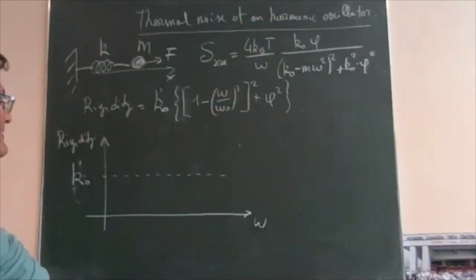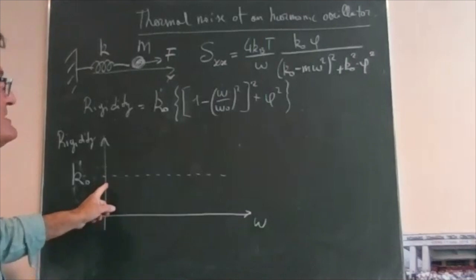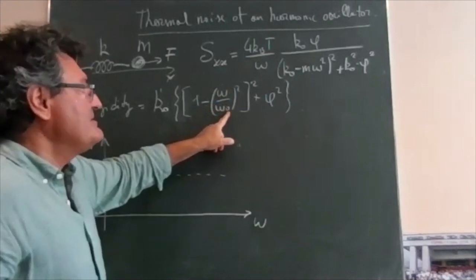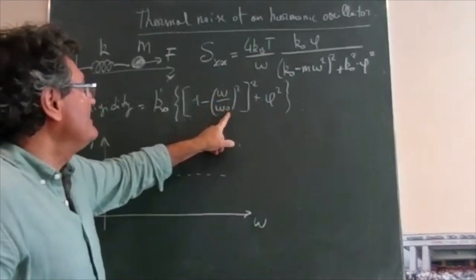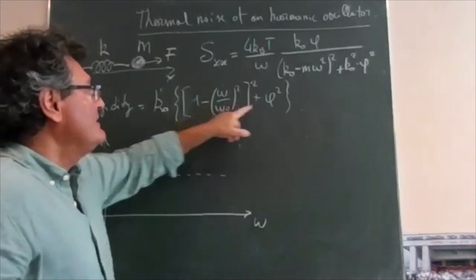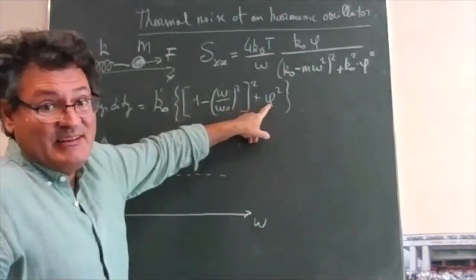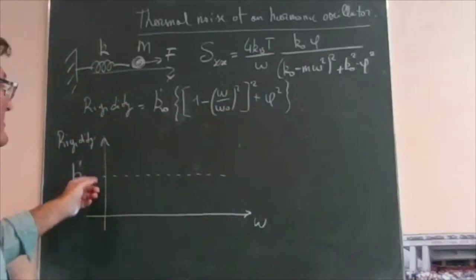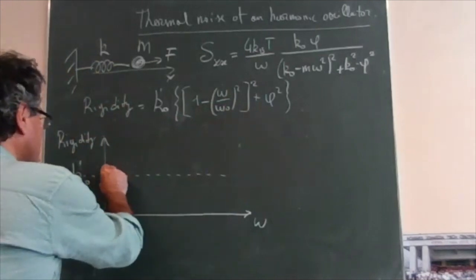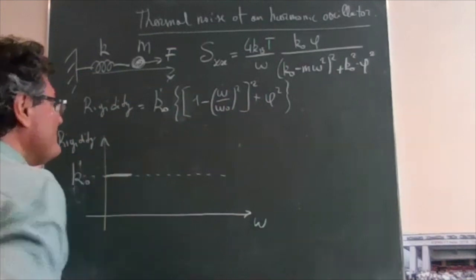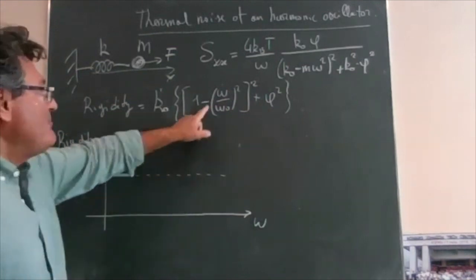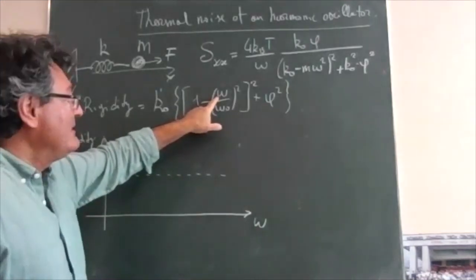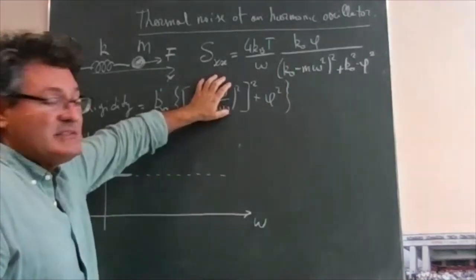Then at very low frequency, omega over omega naught, the resonant frequency, is negligible compared to 1. Phi squared is at least 10 to the minus 6. So at low frequency, the rigidity is exactly k naught. Then when omega increases, this number becomes less and less important.